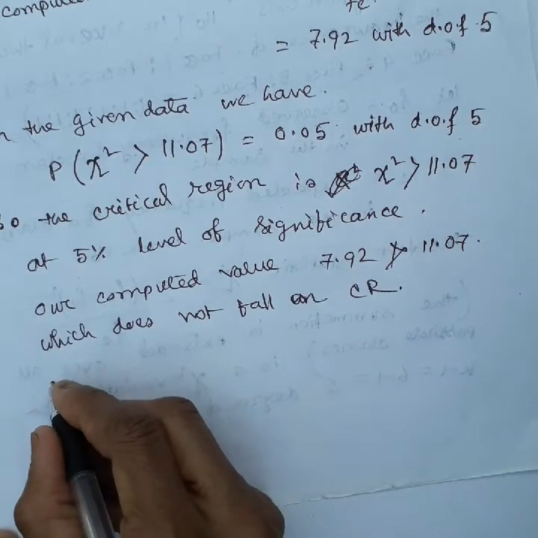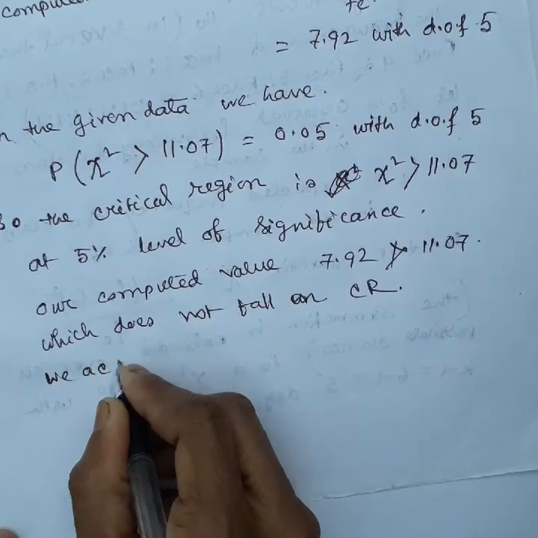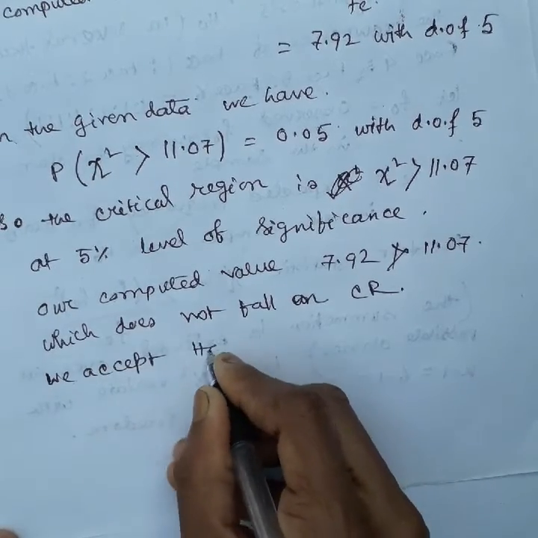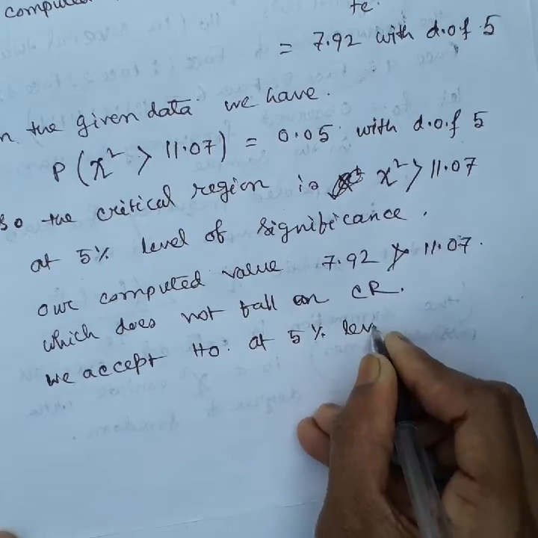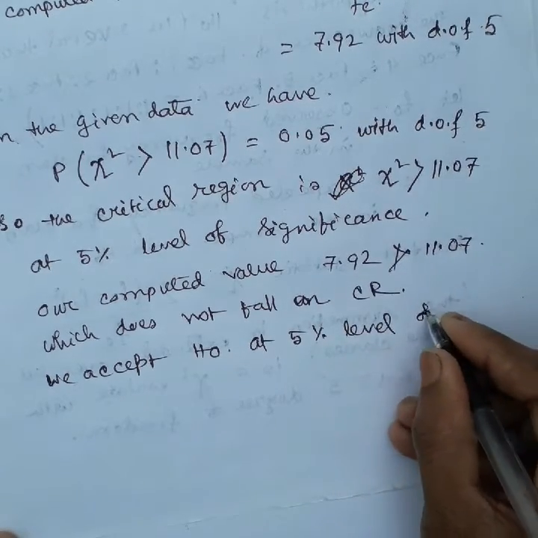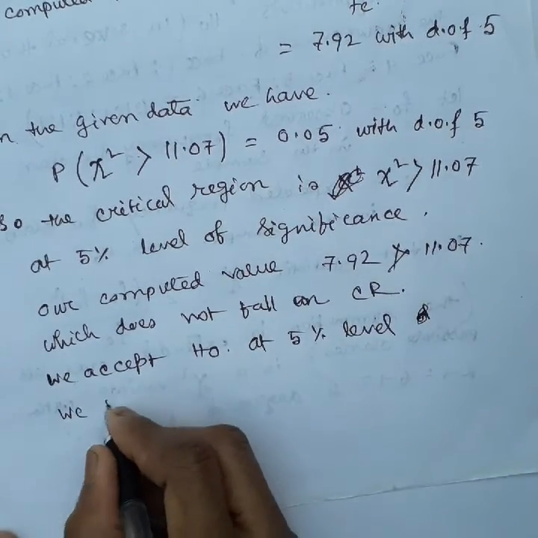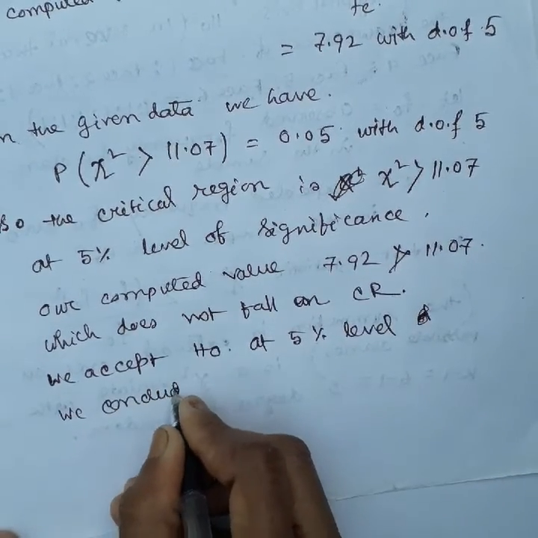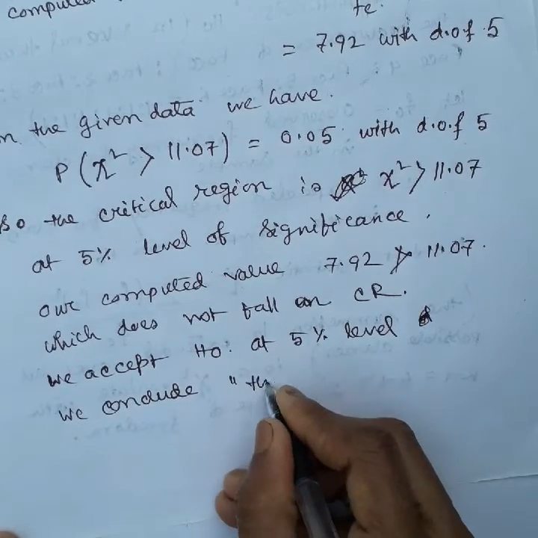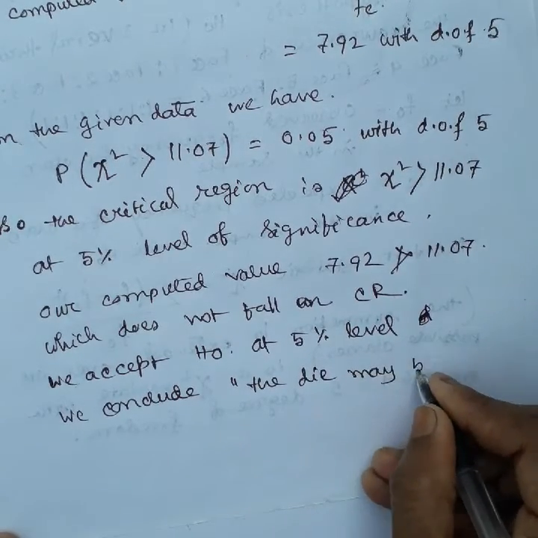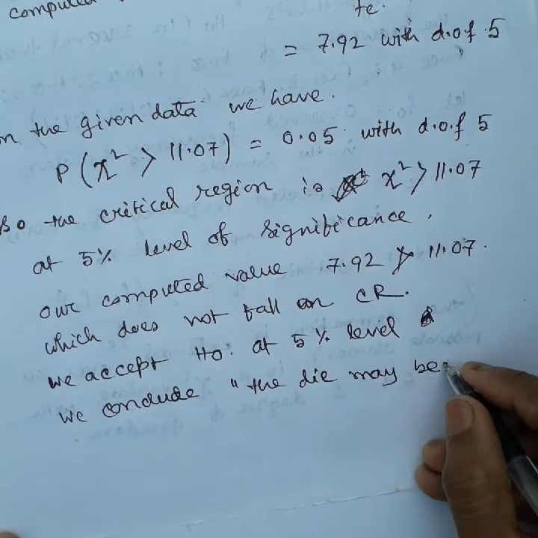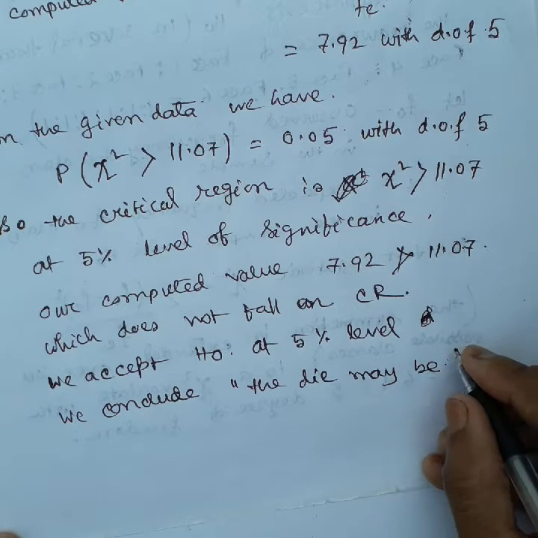So we accept H0 at 5% level. That means we conclude the die may be unbiased.